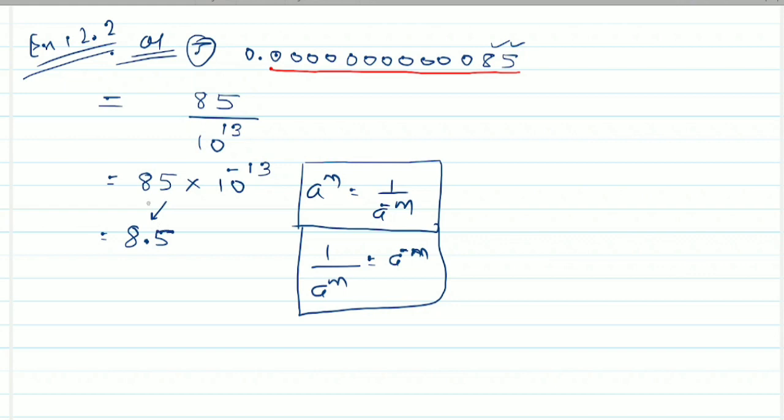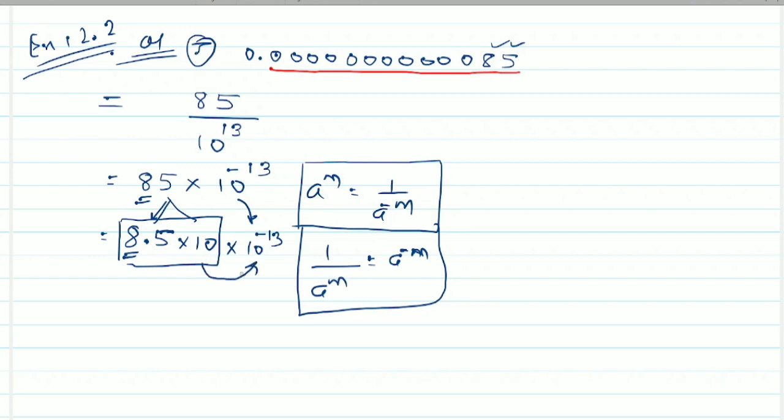So after the first digit, this 8, we have to give the decimal point. For that, I am going to do this step by step as I told you, and then I will tell you directly also how we can do. 85 can be written as 8.5 into 10, right? So I have written 85 as 8.5 into 10. This 10 raised to minus 13 remains as it is.